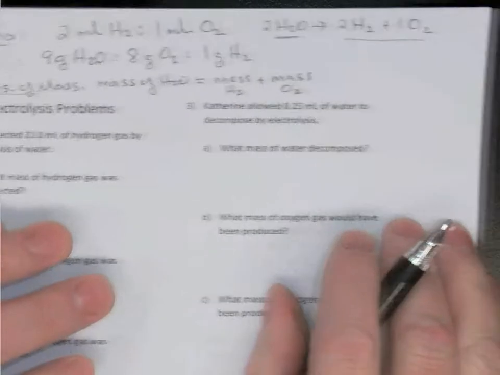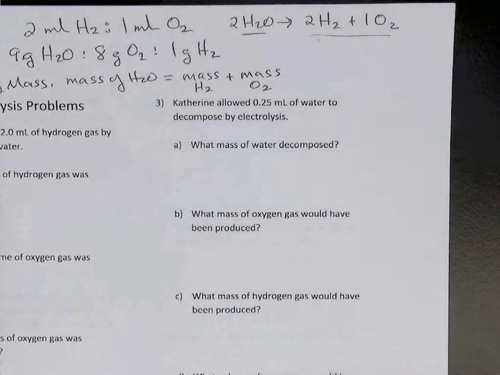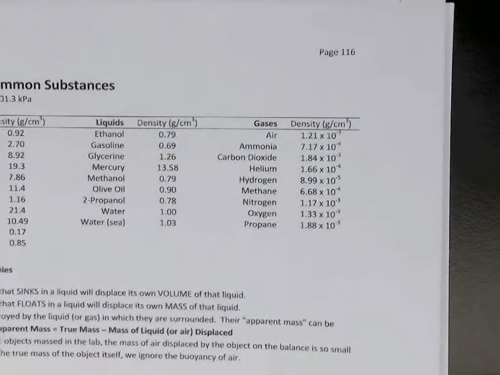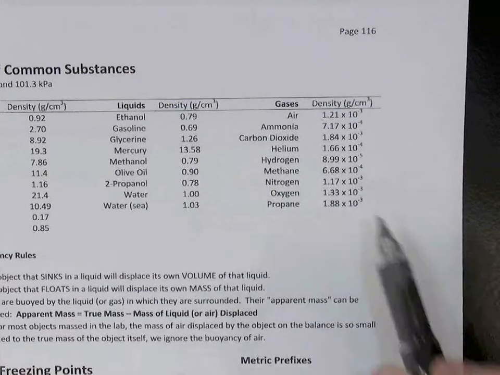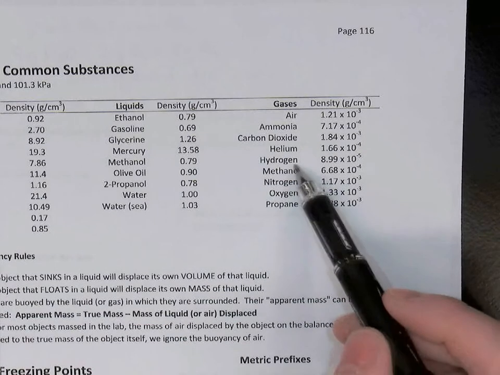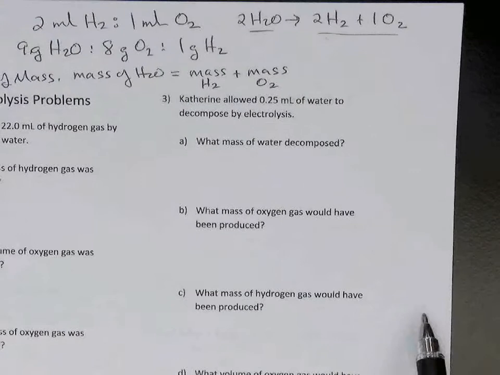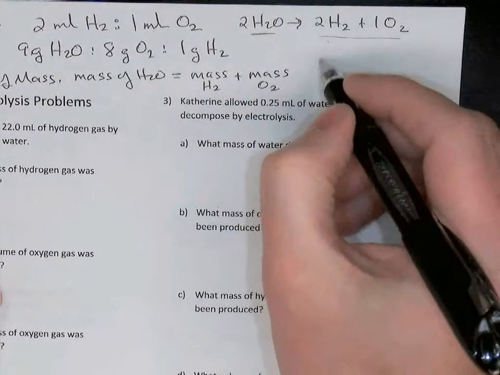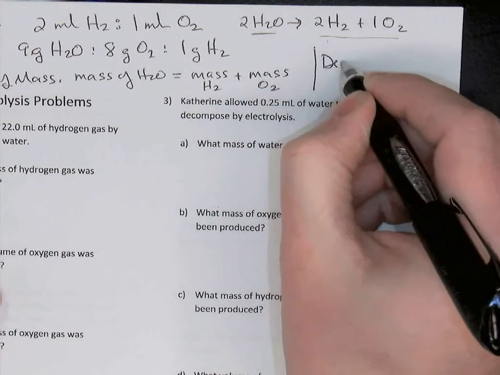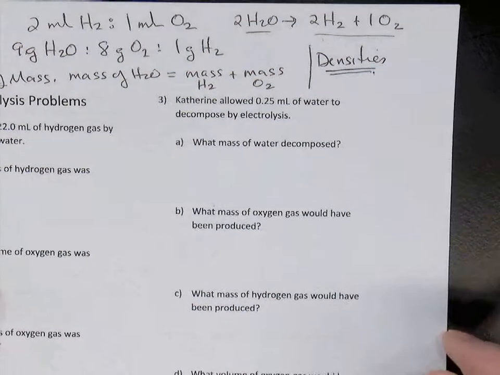The fourth tool that we have comes from our solubility chart. On the back, we have these densities. This is in your science booklet. It's also on the web where we have our course website. So we'll use the density of hydrogen, the density of oxygen, and the density of water. So we have densities as a fourth tool.